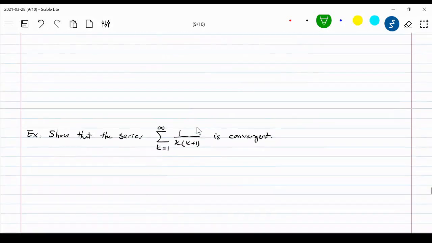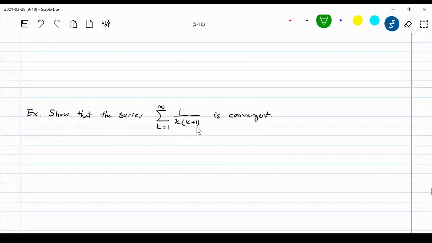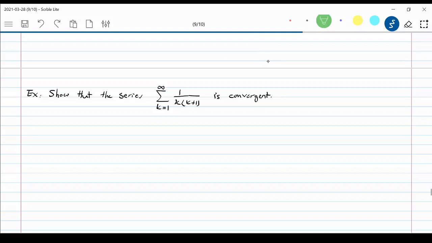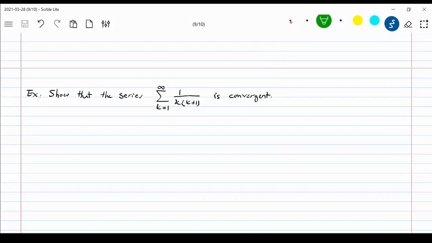Okay, here is another example. Show that this series is convergent. This series is not really a geometric series, but you should be able to show that it's convergent by doing a simple trick. And the trick is using a telescoping behavior. What I mean by that is let's look at the series and see what we can get through this fraction.